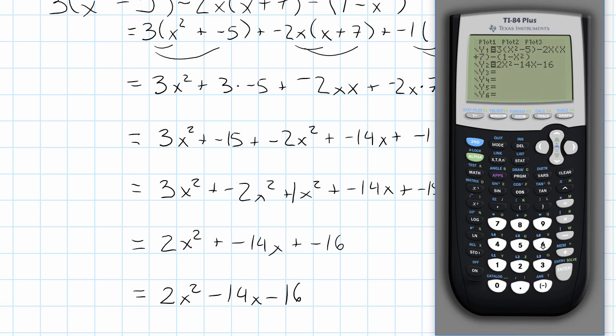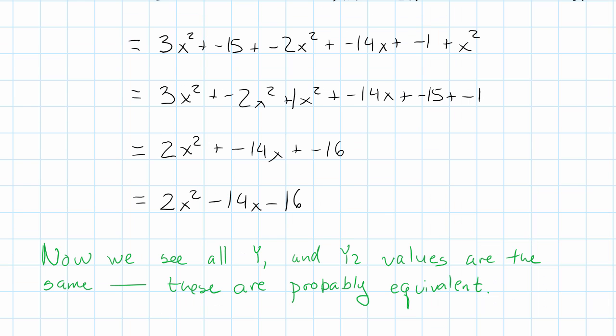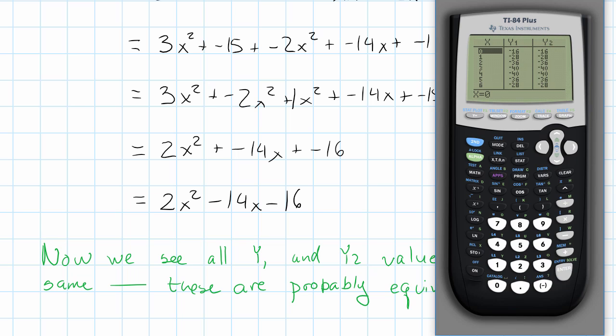Looking at the table again, now we see all the y1 and y2 values match. So these are probably equivalent. Notice, you don't see every possible value of x. Even if you scroll up and down, you only see integer x's in a table like this.